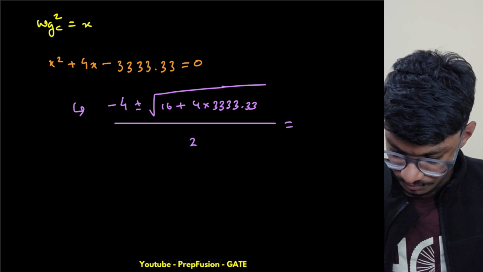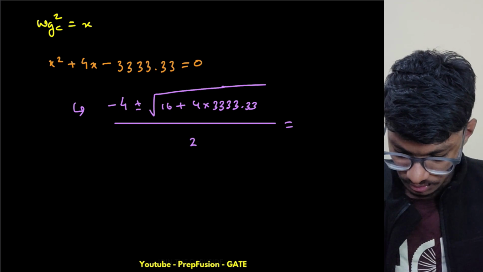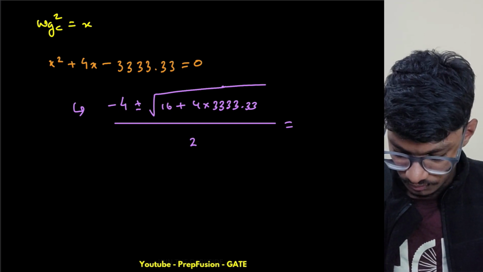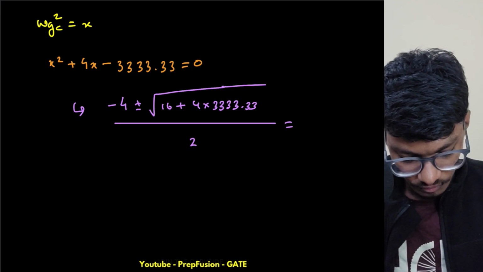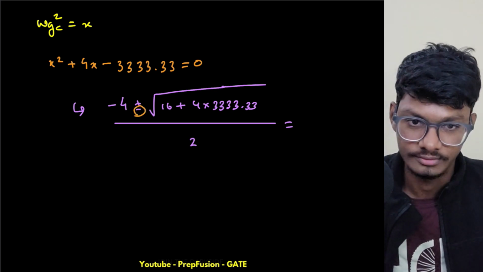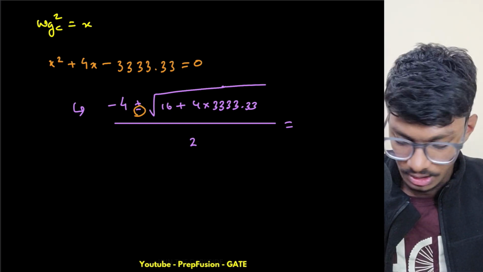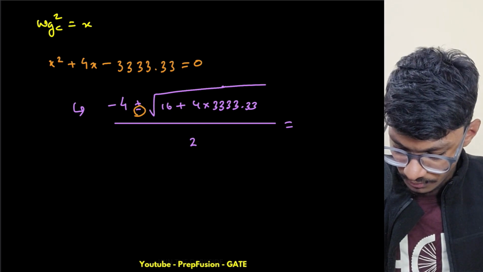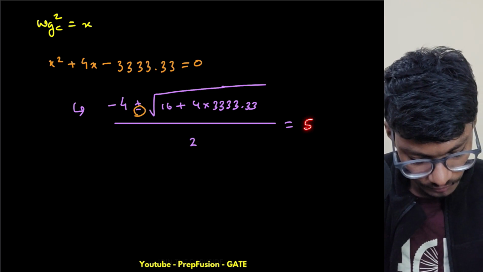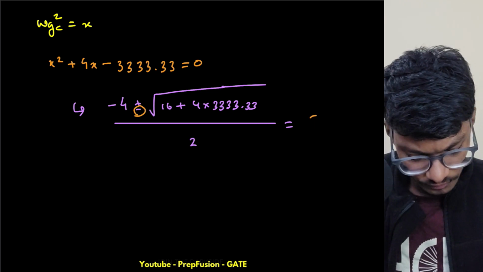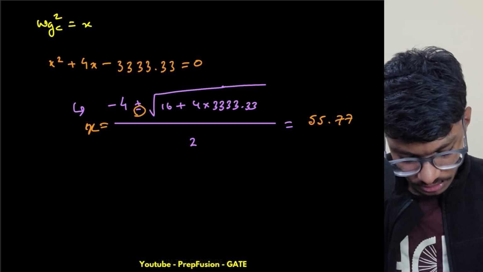We only take the positive solution, because taking the negative solution will yield imaginary omega gc, which is not possible. So we'll take the positive solution, minus 4 divided by 2, which equals 55.77. X is equal to this.